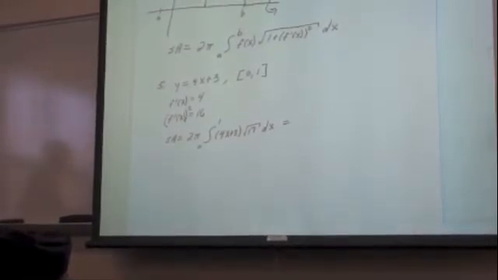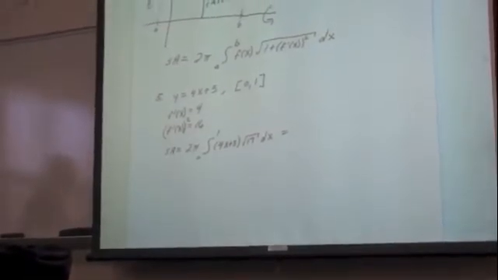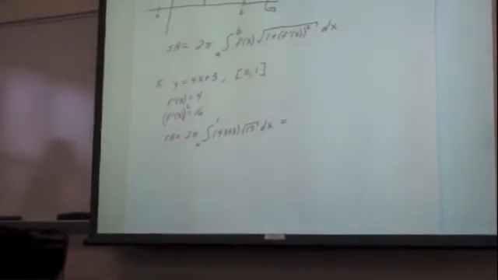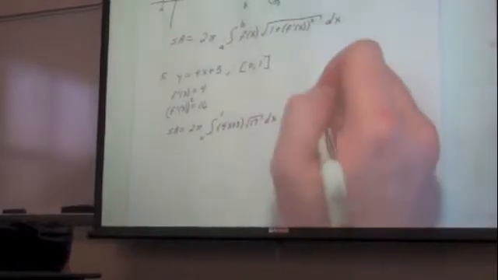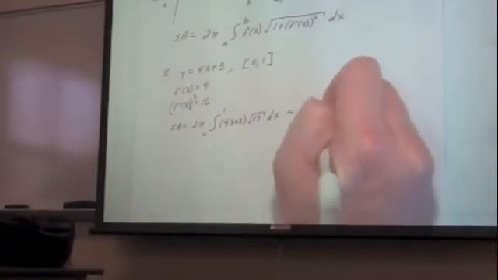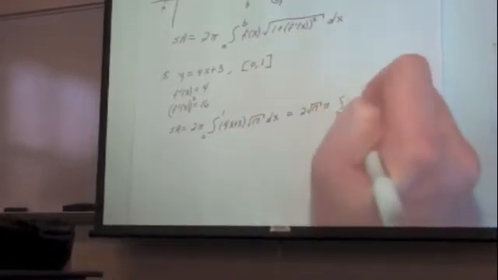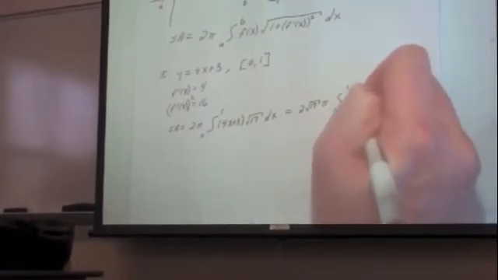So what I would do in this case is, that root of 17 looks kind of ugly in there, so I'd go ahead and factor it out and say this is simply 2 on the root of 17 times pi on the integral from 0 to 1 of 4x plus 3.